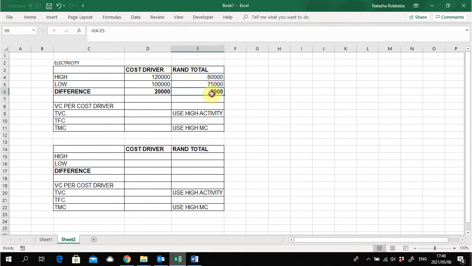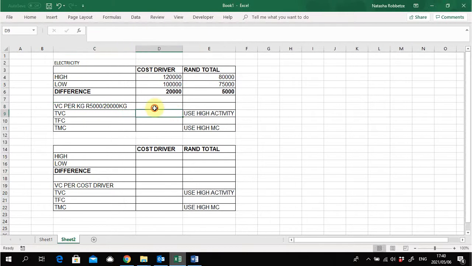And I have 5,000 rand, and I have a difference in my cost driver of 20,000 kilograms. So to get to the variable cost, and this will now be variable cost per kilogram, I have to say it is the 5,000 Rand difference divided by the 20,000 kilogram difference. And if I do that calculation, I get to a variable cost of 25 cents.